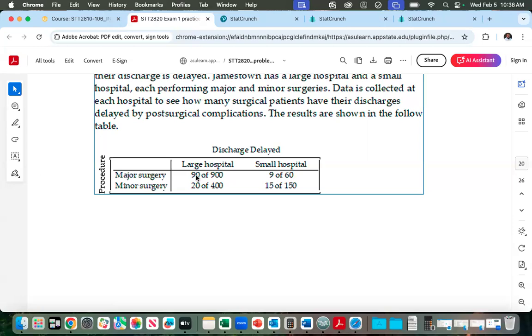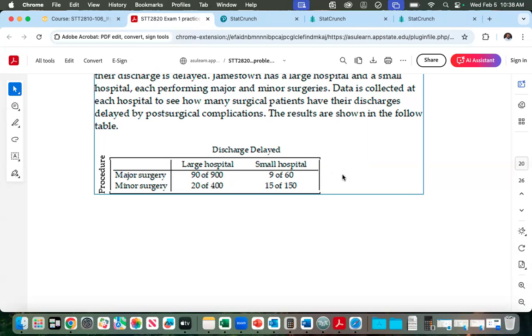So 90, right? So 90 plus 9. Is that okay? That gives us 99. Divided by the total, 900 plus 60. That gives us 960. Is that okay? And so what is the answer? The answer is going to give us 99 divided by 960.